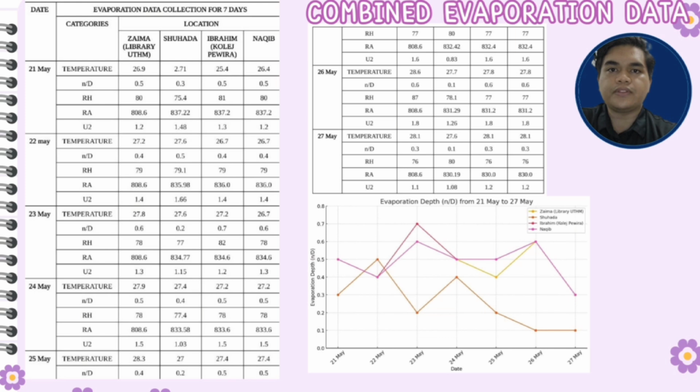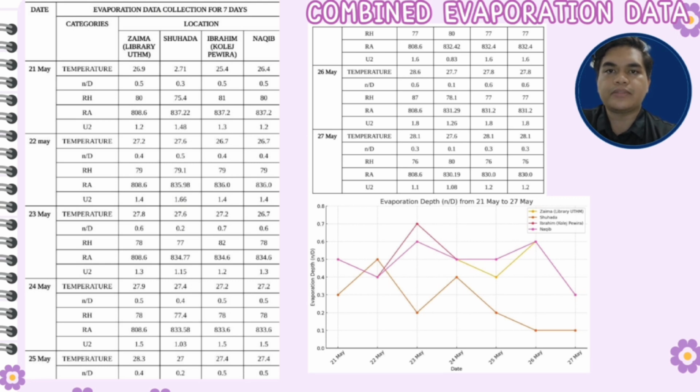Several factors influence the rate of evaporation. First is temperature. Higher temperature leads to higher evaporation. Second is relative humidity. When RH is high, evaporation tends to decrease because the air is already saturated. Even though Suhada also had a high temperature on the same day, its RH was 87, resulting in a very low ND of 0.1 cm.